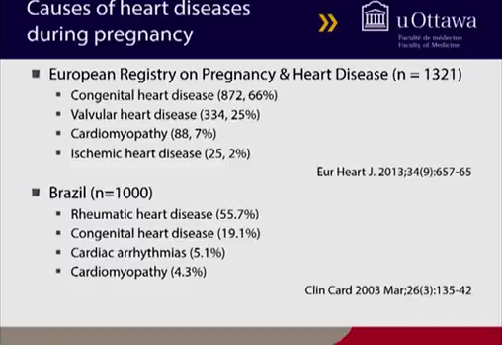I don't know the statistics in Kuwait, so I don't know where Kuwait stands. But one of the challenges we have is we don't have good databases worldwide to look at how the disease process is changing in different regions. We do know that rheumatic heart disease remains very high, and it's the main cause of valvular heart disease during pregnancy outside of OECD countries.